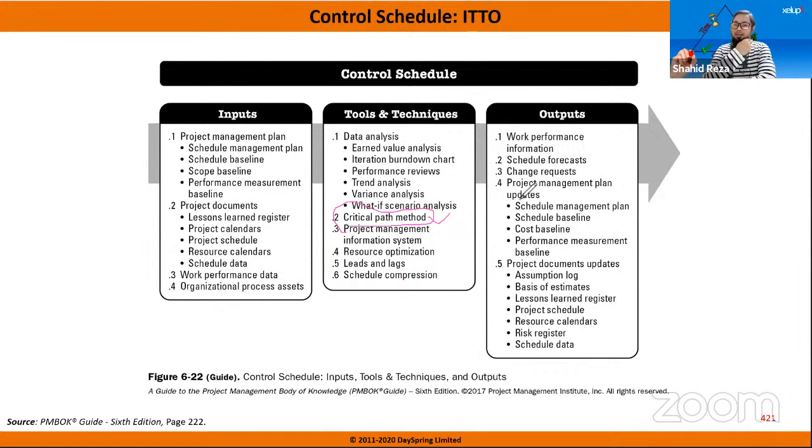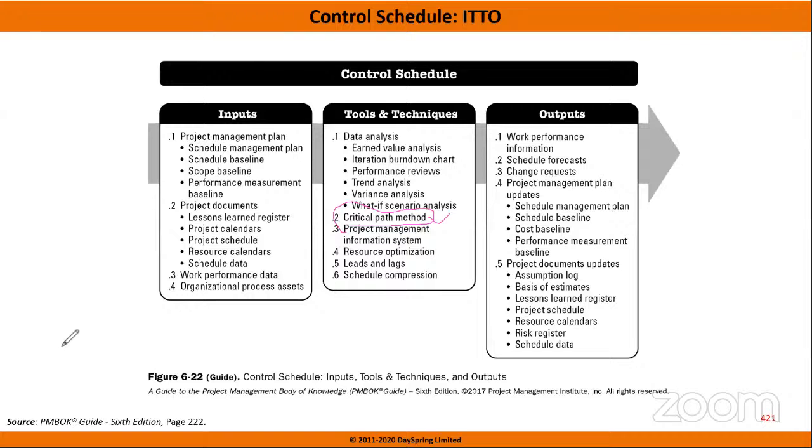Please remember this. There can be 2, 3, 4 critical paths in a single project, in a single network diagram. If you have multiple critical paths, then you are in a very tight situation. That is a very complex, very tight schedule project, because there are multiple critical paths.